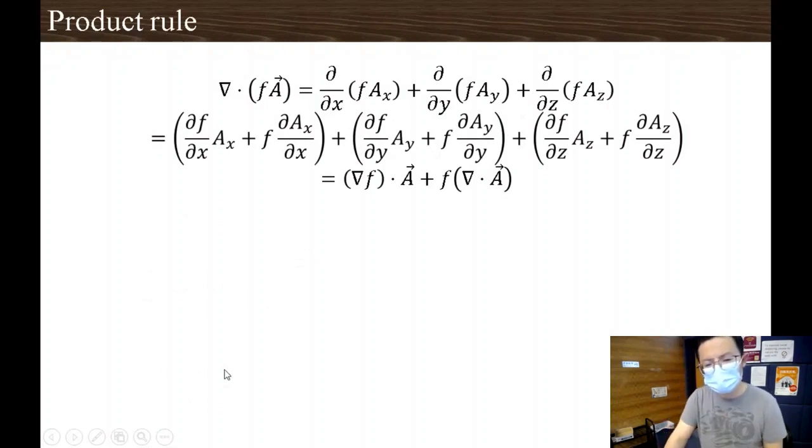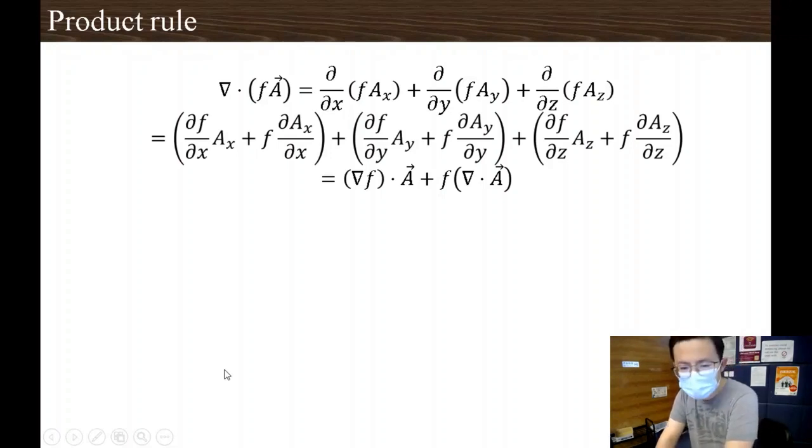So you can further expand on this. You can try to find out how the three of them play together. However, one thing I want to mention to you is that the del operator is not a conventional vector, so you cannot do everything with this del operator that you can do with a vector. For example, the del operator is itself a partial derivative, right?